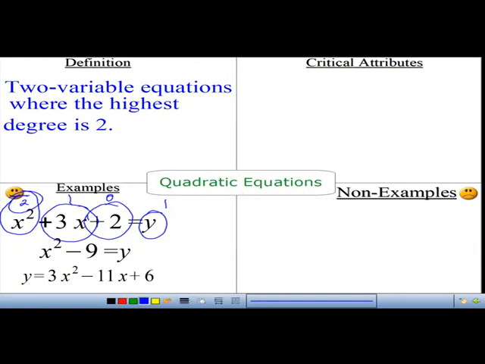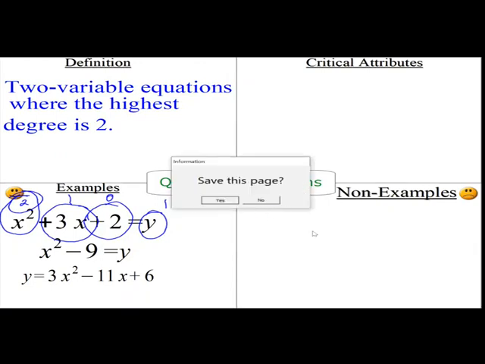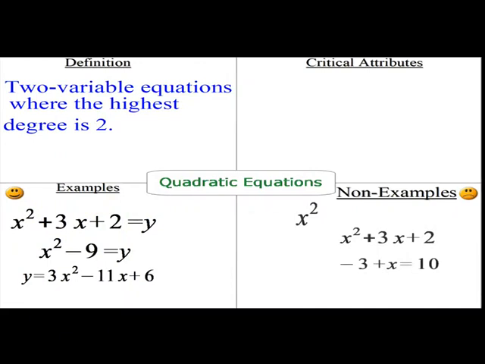Okay, let me show you non-examples. Copy these. Non-examples given are x squared. Another non-example is x squared plus 3x plus 2. And the last non-example is -3 plus x equals 10. As you're copying that, you should be thinking, these are not quadratic equations because, let's see, help us out.